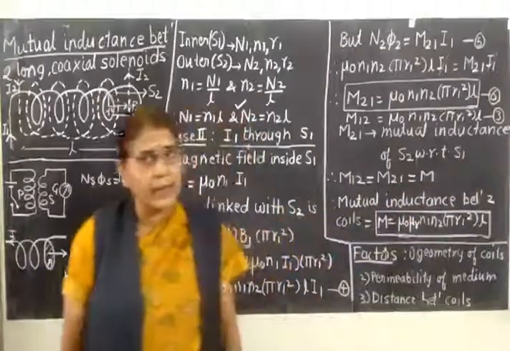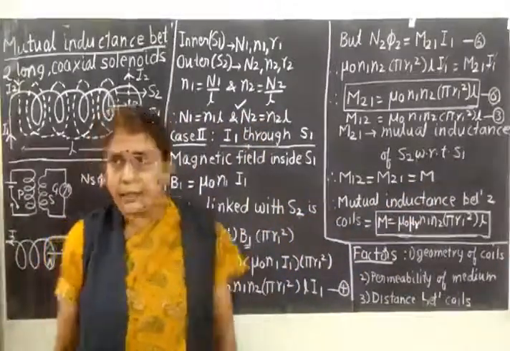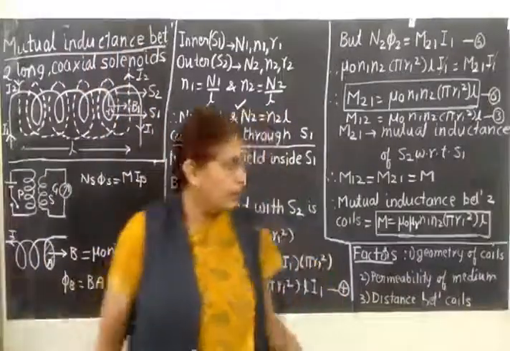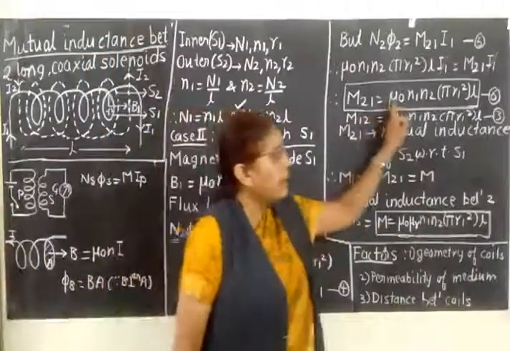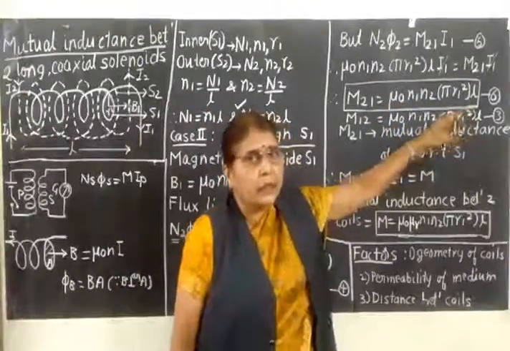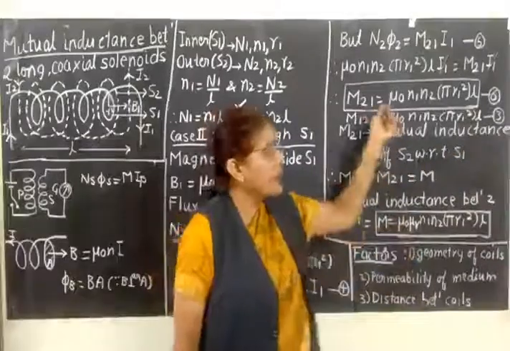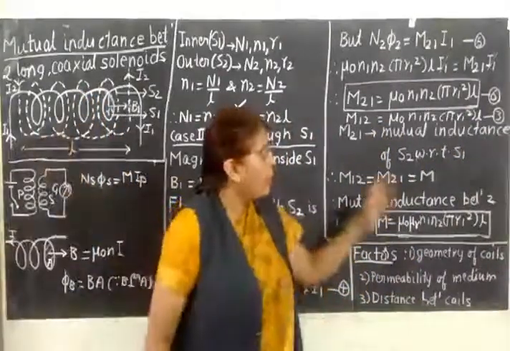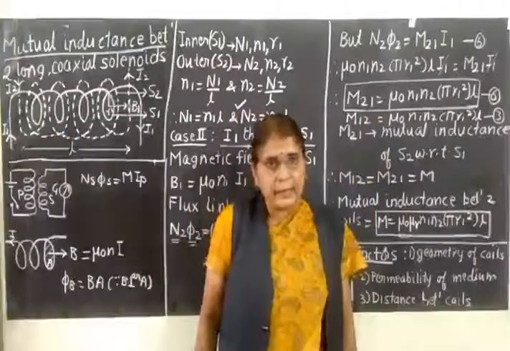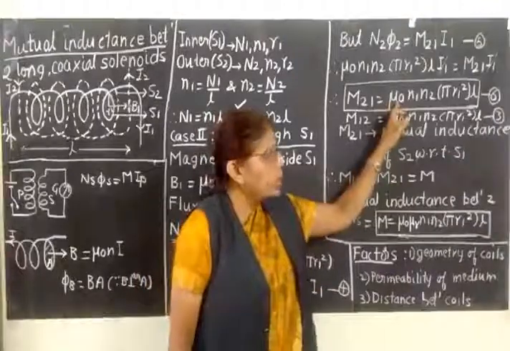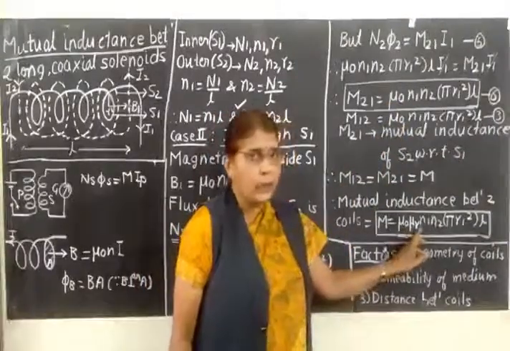What does M stand for? M is nothing but the mutual inductance between the two coils. So this constant M is mu 0 N1 N2 pi R1 square into L. This is for air medium inside the solenoids. For any other medium inside the solenoid of permeability mu r, you can replace mu 0 by mu 0 into mu r.